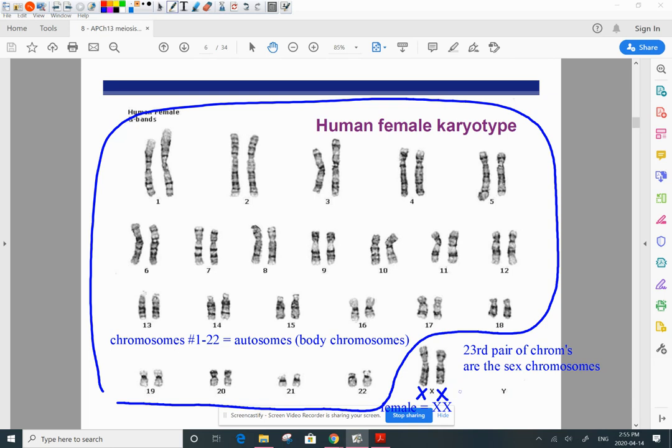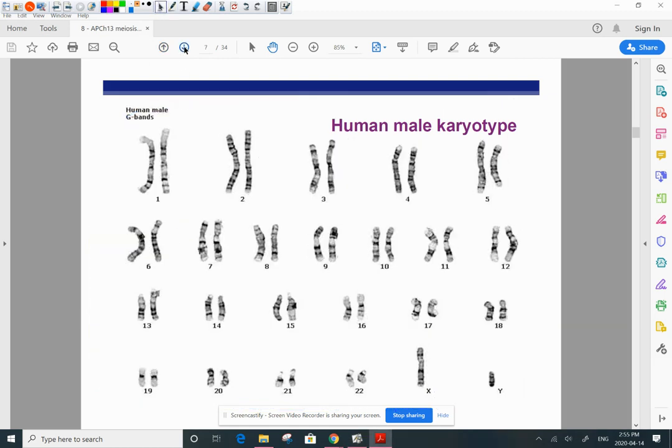The chromosomes 1 through 22, these are the autosomes, the body chromosomes, and these determine things like your hair color and eye color and whether or not you're going to have Huntington disease. And that 23rd pair, that's the sex chromosomes. So if you're XX, you are a female. You want to compare that to the chromosomes in a male.